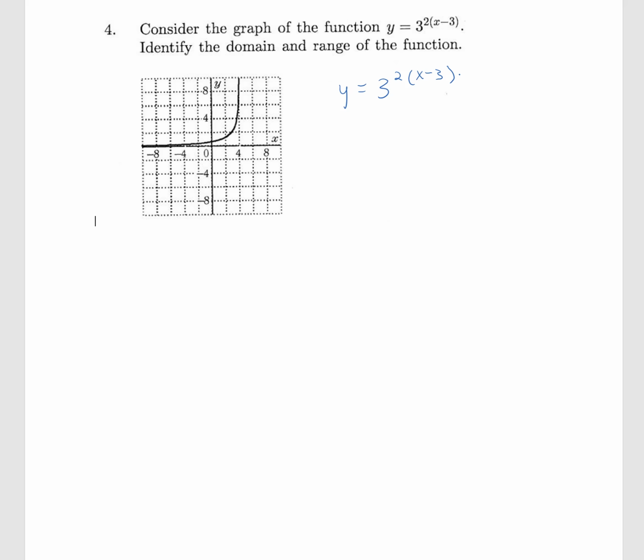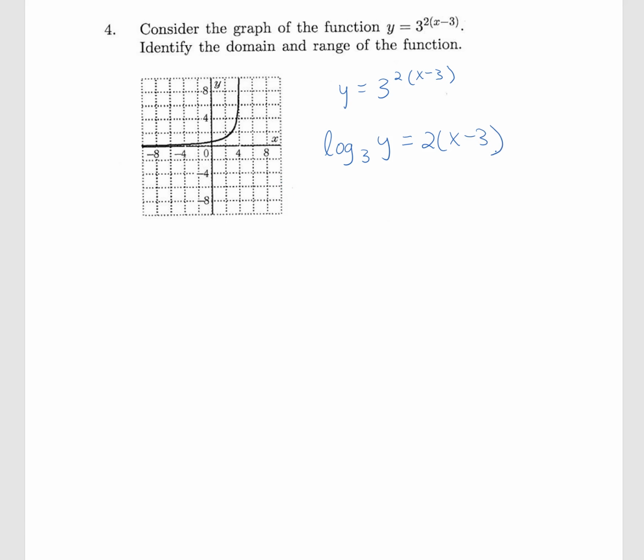So we know we can rewrite this as log base 3 of y is equal to the exponent, which is 2 times x minus 3.